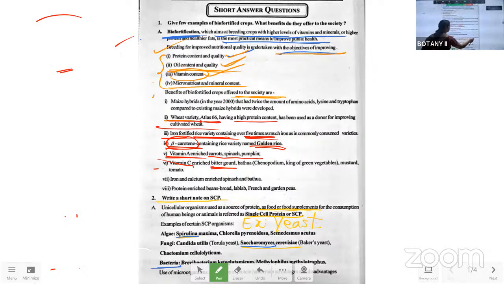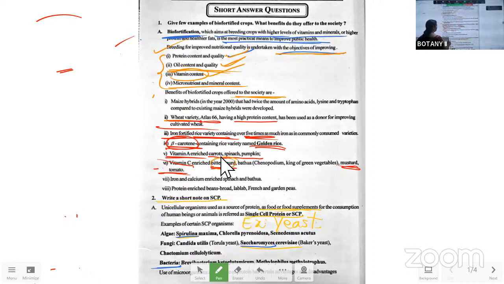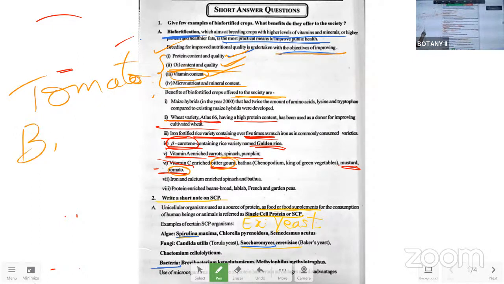Okay, and mustard seeds and tomato. If you can remember 2 plant names, that is also sufficient. Bitter gourd and tomato, which are very easy to remember.